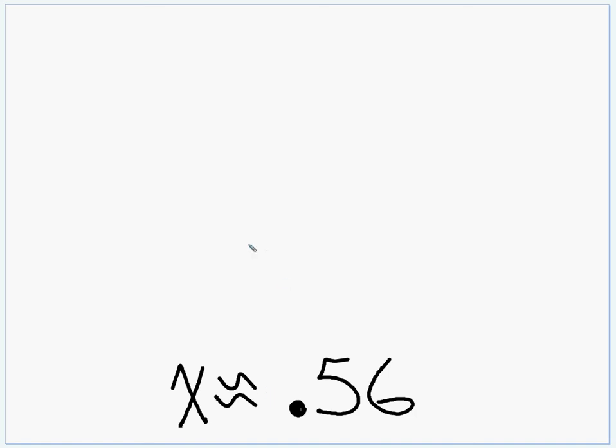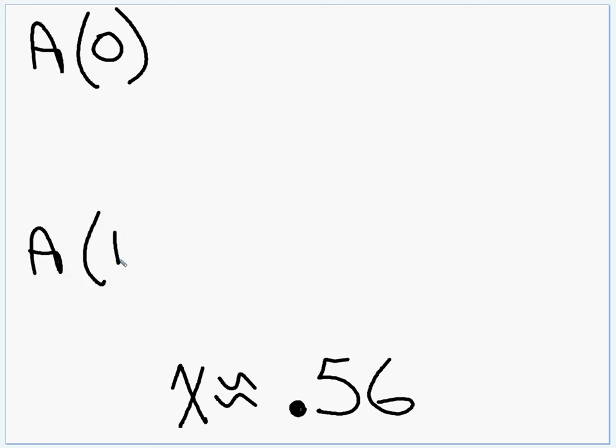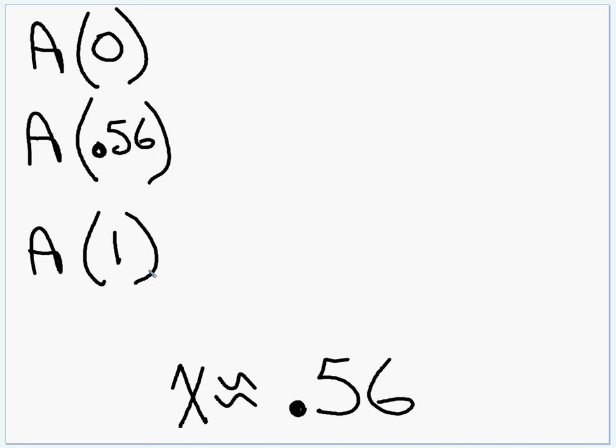But remember, we did figure the feasible domain. We could do the area function of the left extreme, 0. We could do the area of the right extreme, 1. Or we can find the area of the number we found, 0.56. So again, we'll go back to the primary equation in one variable. In class, we would just put these in the TI-89.